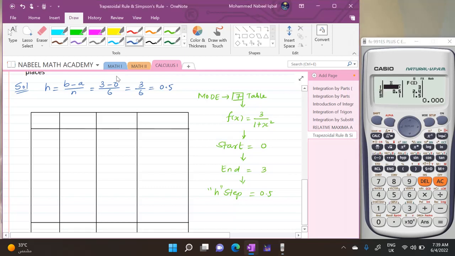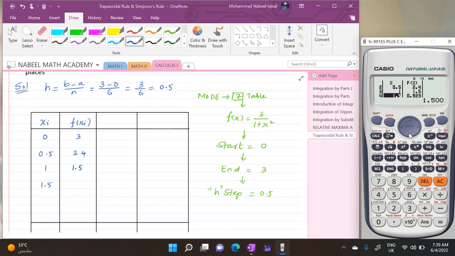The same table I will write it here. This is x and f of x. So this is my 0, 3. 0.5, you will have 2.4. We already fixed 3 decimal places, that's why the calculator will display only the 3 decimals. And then 1.5, what is the value?